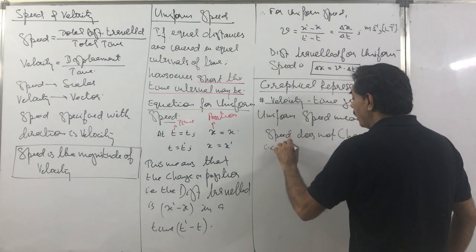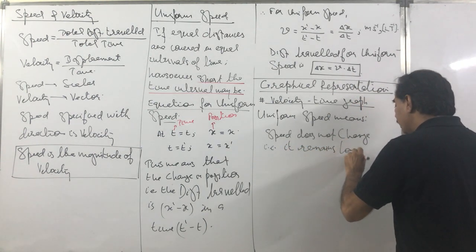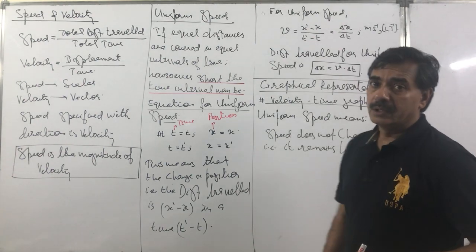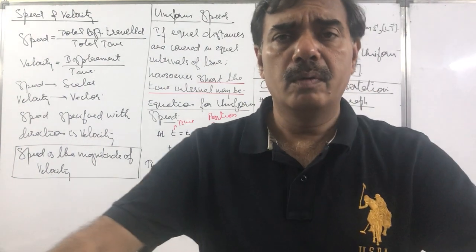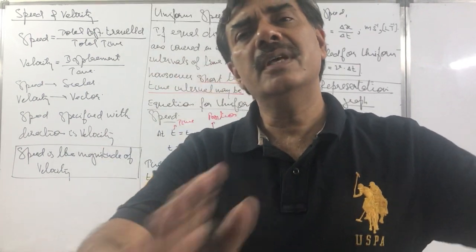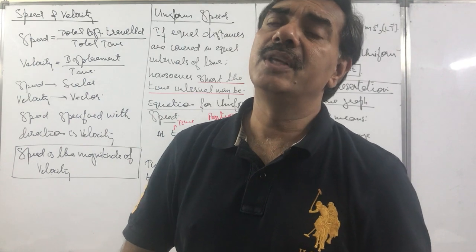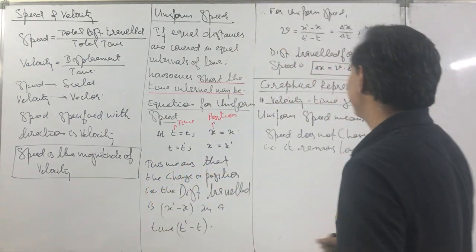That is, it remains constant. Suppose a body is traveling with the speed of 10 meters per second. It means throughout the journey, at whatever time you observed, the speed was 10 meters per second.